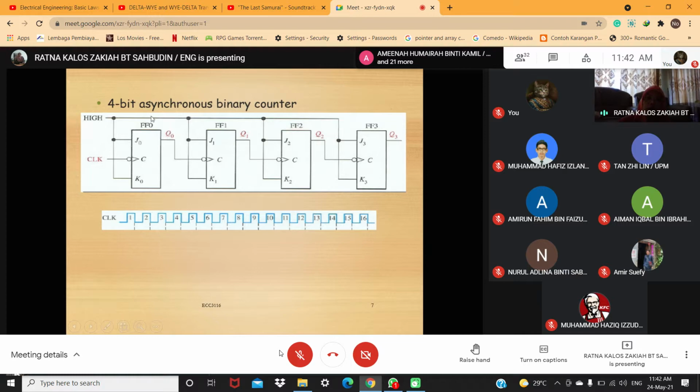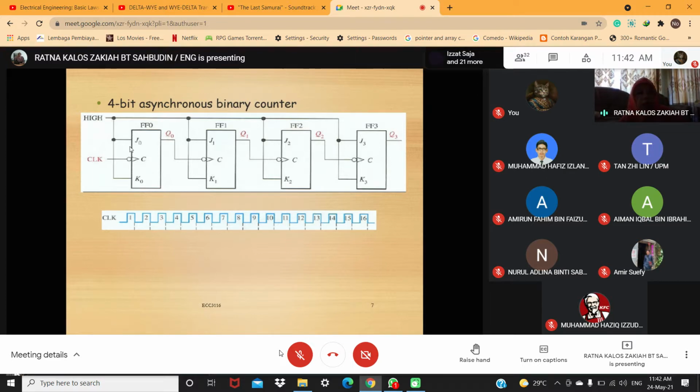Here is the least significant bit, and here is the most significant bit. Then you look at the J and K here, all connected to one point, to the high condition. So J and K are both high, they are in toggle mode.